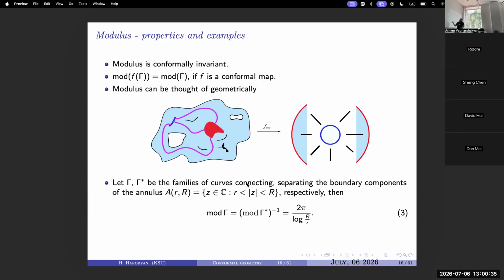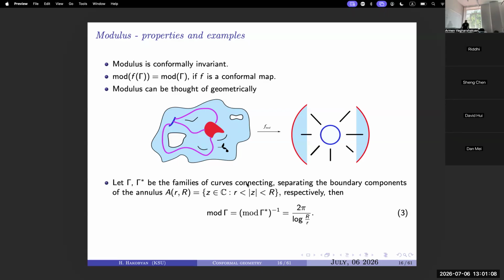In this particular case, let's do the example of f of x equals x. Then we're looking at the curves that go from a point x to the point x plus i. It turns out that the modulus of this family is actually infinite. That's very easy to do.